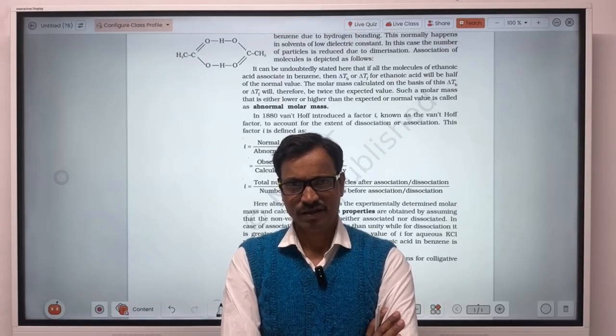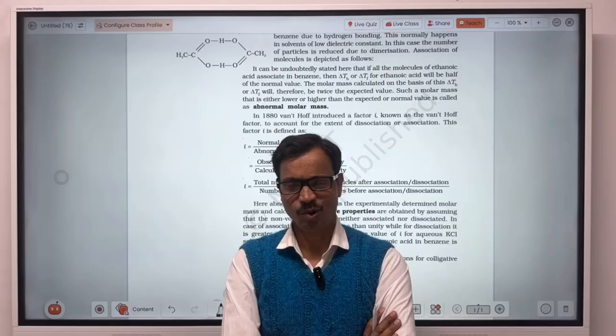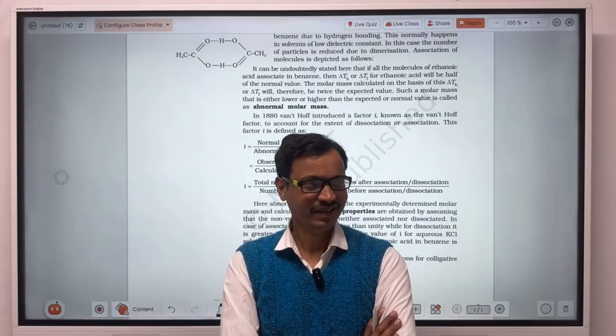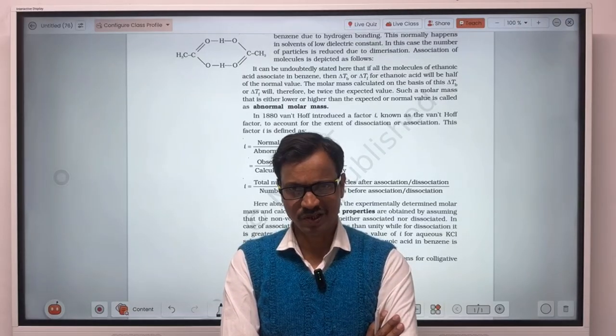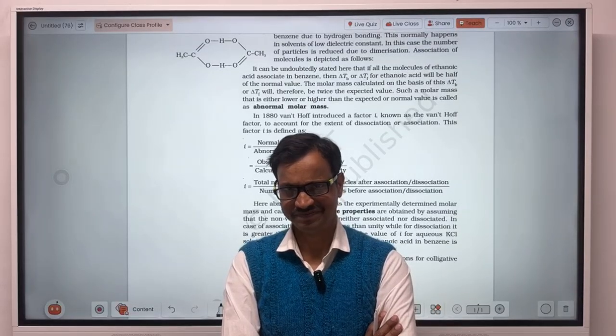In a polymer, a number of simple molecules combine together and act as a single molecule. In the same way, in a dimer, two molecules combine together and act as a single molecule.